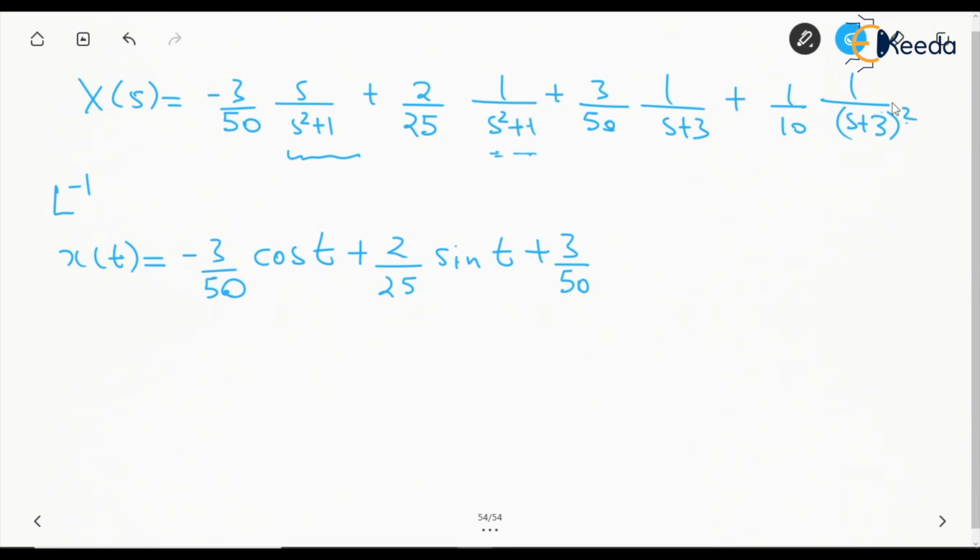So this 1 by s plus 3 will have e to the power of minus 3t, and next is second order, so it will have t times of this. This will become 1 by 10 t into e to the power of minus 3t. So this is the solution we will get.